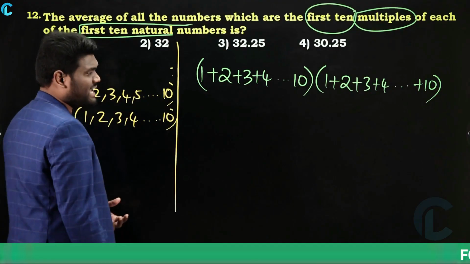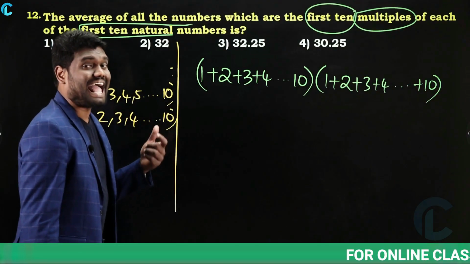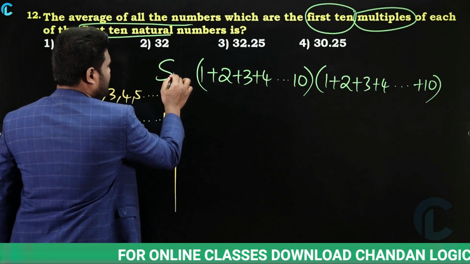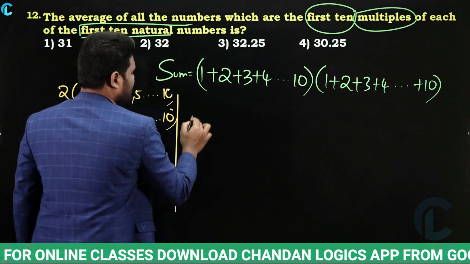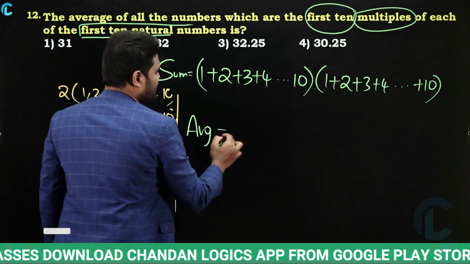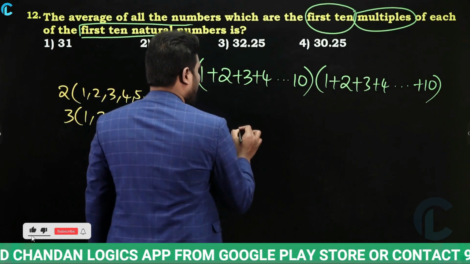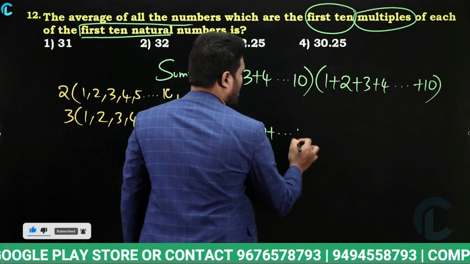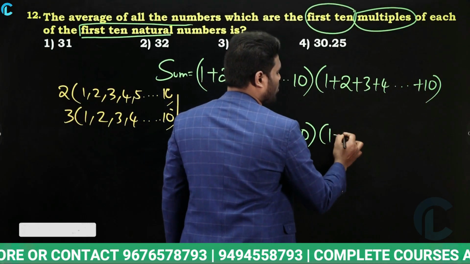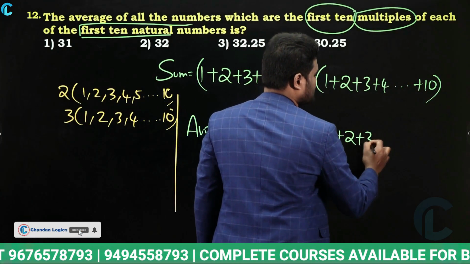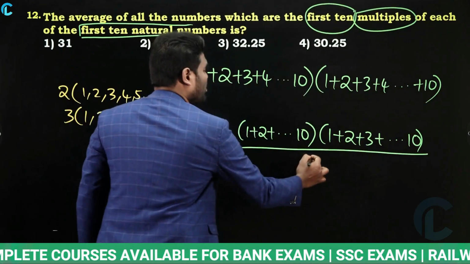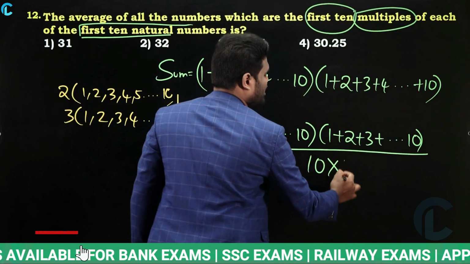But what is your question saying? Your question is to calculate the average. Average is nothing but sum of numbers divided by number of numbers. So average is 1 plus 2 plus so on 10 into 1 plus 2 plus 3 plus so on 10, divided by number of numbers, which is 10 into 10.